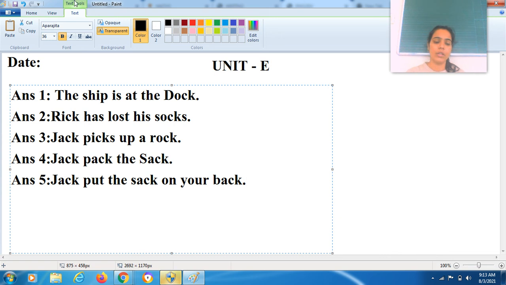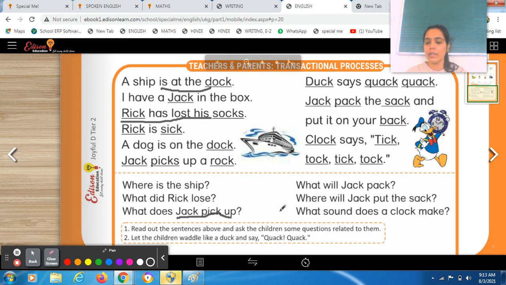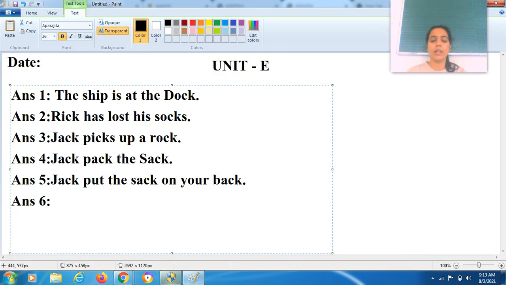Okay, now students, let's give the answer to our sixth question. So let's read it first and then we will write. So what is the last question? What sound does a clock make? How does a clock sound? Clock says tick tock. So here we will write it.